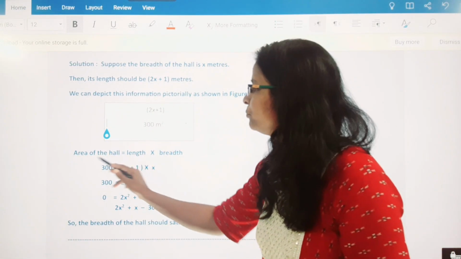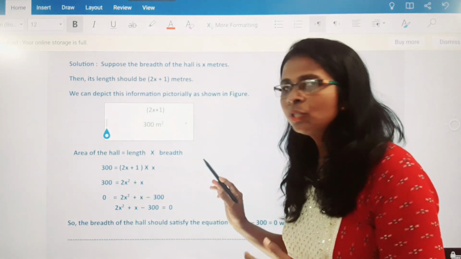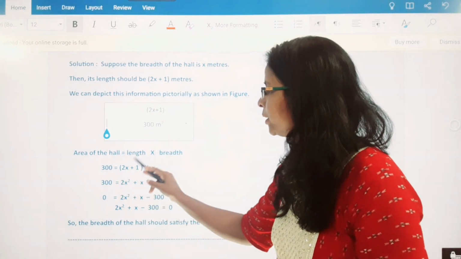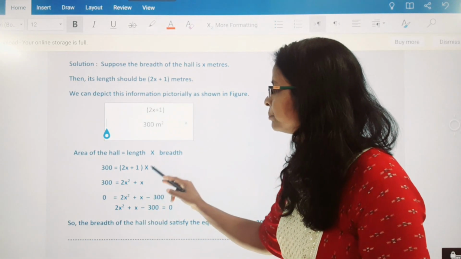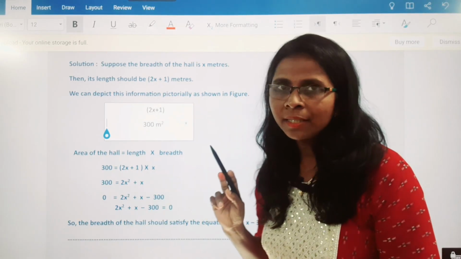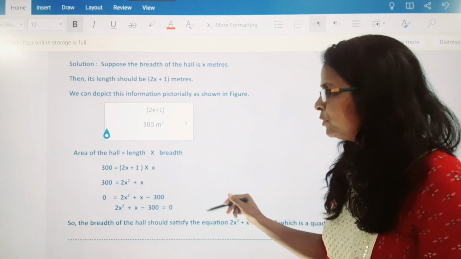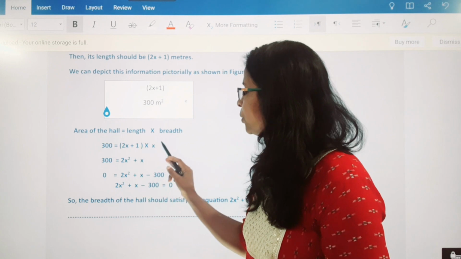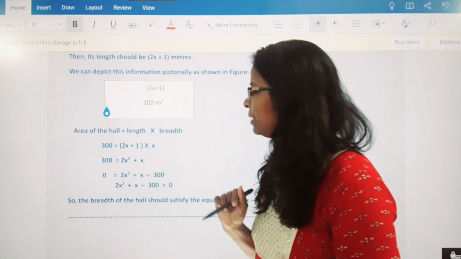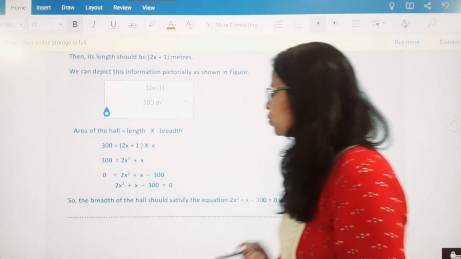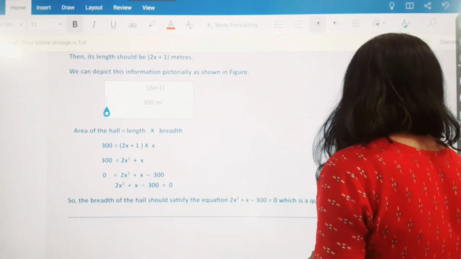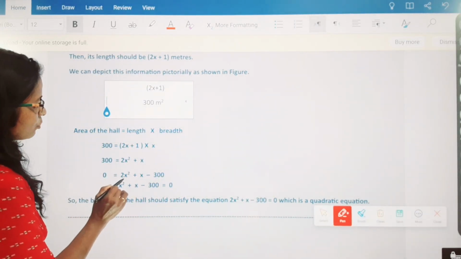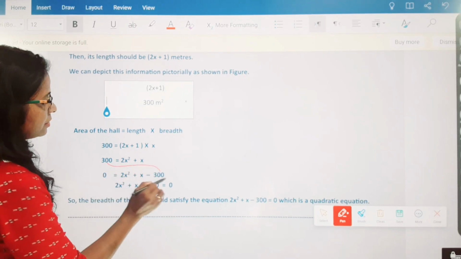See, area of the hall is equal to length into breadth. Use this formula and substitute the values. Area of the hall is 300, so write 300 is equal to length 2x plus 1, then multiply breadth x. After substitution, 300 is equal to x multiplied by 2x, that is 2x square, and x multiplied by 1, that will be x. So the next step will be 0 is equal to 2x square plus x minus 300.